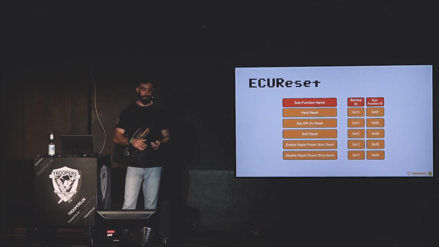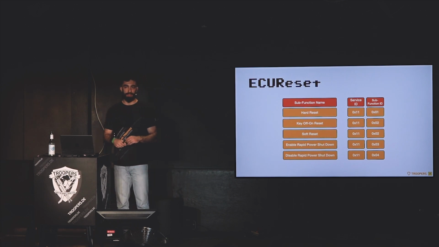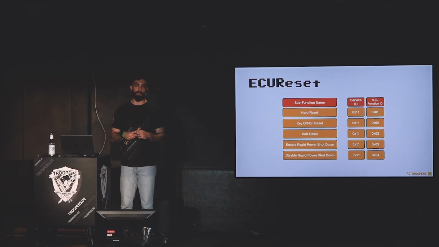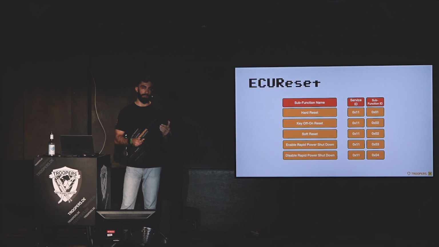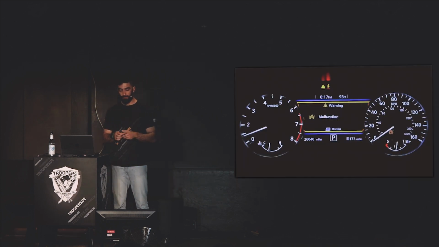The sub-functions of ECU reset can be a hard reset, key on-off reset, soft reset, and enable or disable rapid power shutdown, but there can also be some manufacturer-specific sub-functions, as discussed before, that you have to enumerate and see, depending on the reaction of the vehicle or the negative responses, what you can do with them.